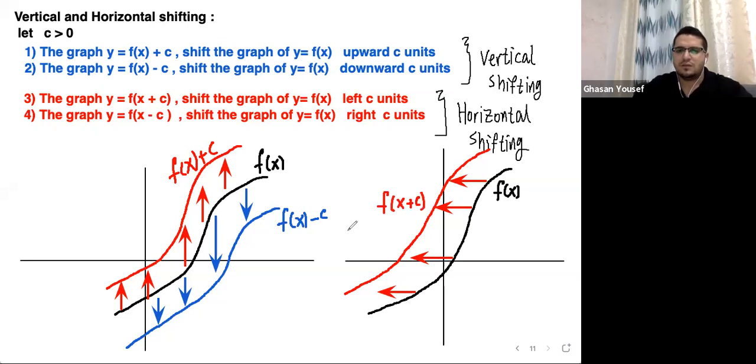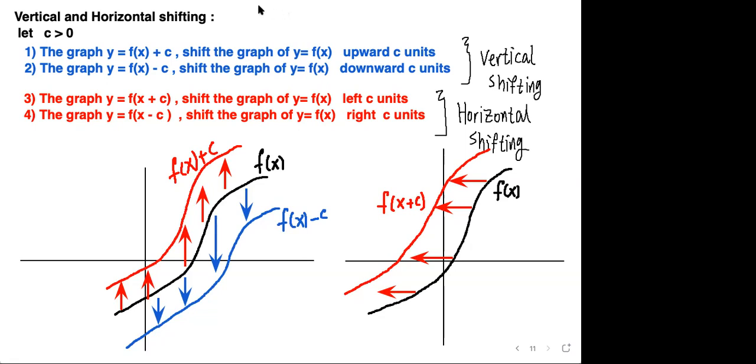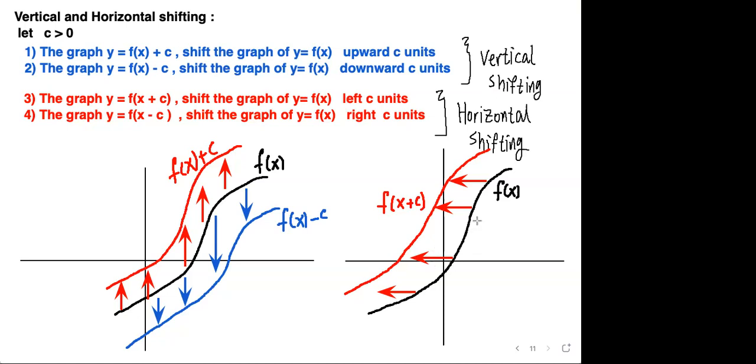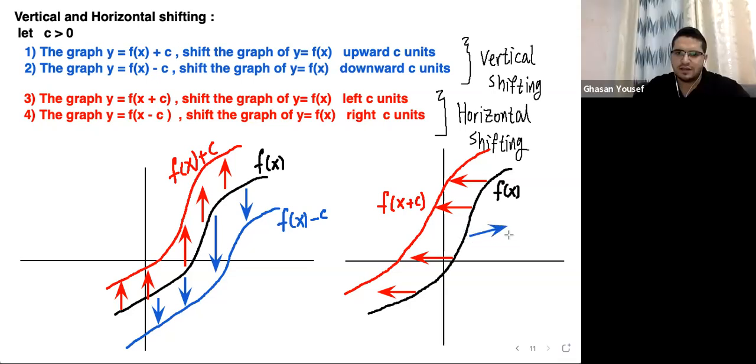Now, how can I graph the function f of x minus c, where the c is inside? You have to shift the graph to the right c units, exactly. I have the f of x, I have to shift it to the right. It depends on the c. If it's 5, we have to shift it 5 units. If it's 6, we have to shift it 6 units.